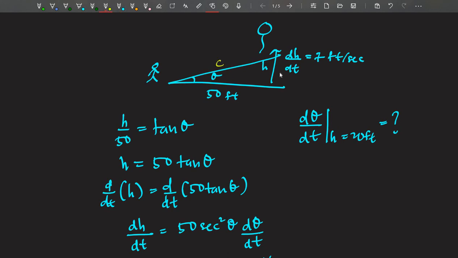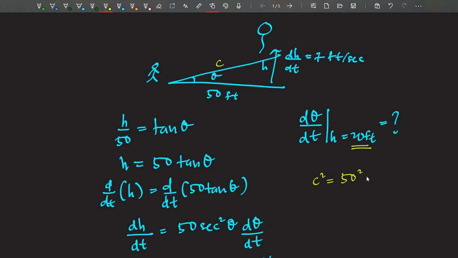Right now, we know that H is currently equal to 20 feet, but we don't know what c is. So using Pythagoras theorem, we can find the value of c. c squared is equal to 50 squared, because this one is fixed, since the observer is static, 50 feet from the balloon.